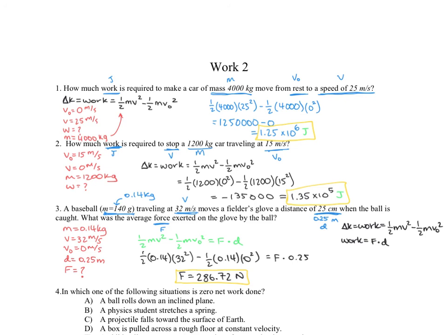So with these variables, we are able to solve for force by setting both the kinetic formula and the work formula equal to each other. And once we plug in, you get our final answer. And remember, the newtons is the units for force. So don't get those mixed up. Joules is for work, newtons is for force.